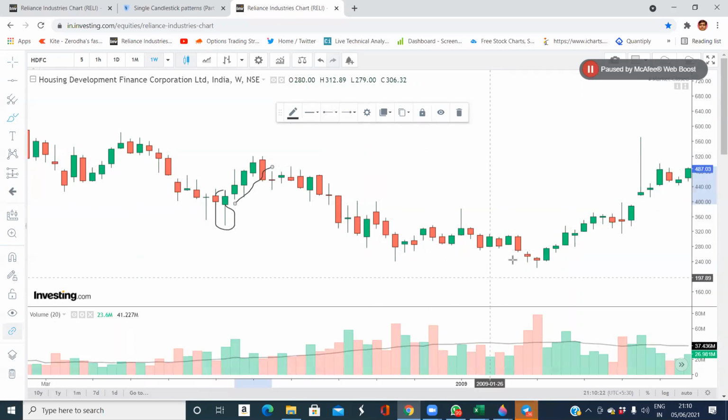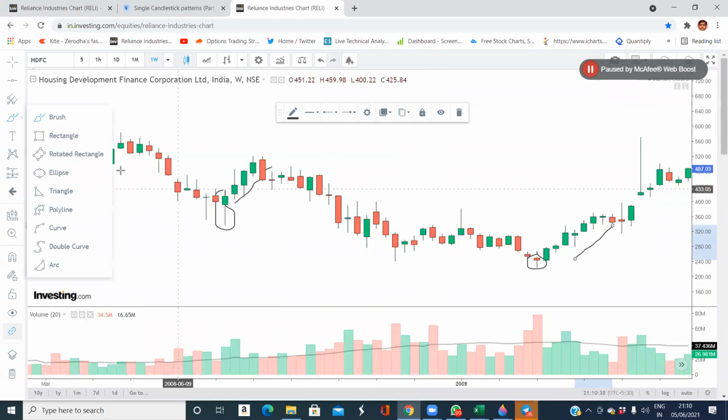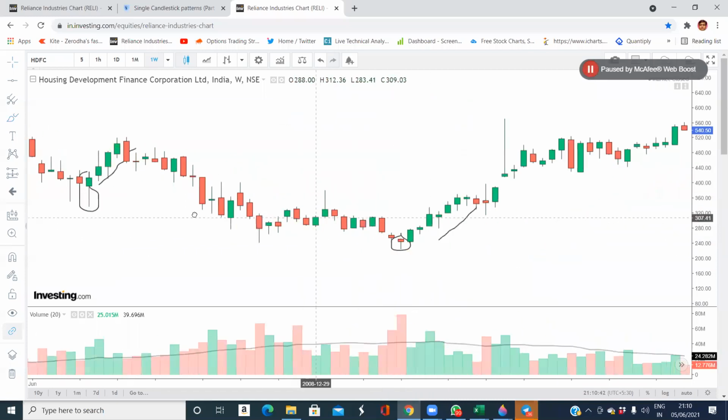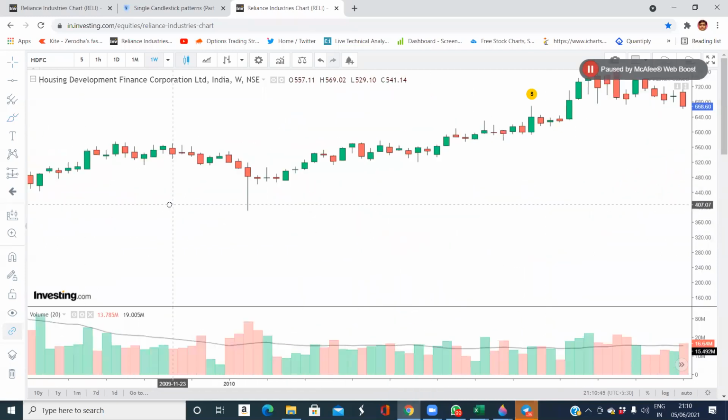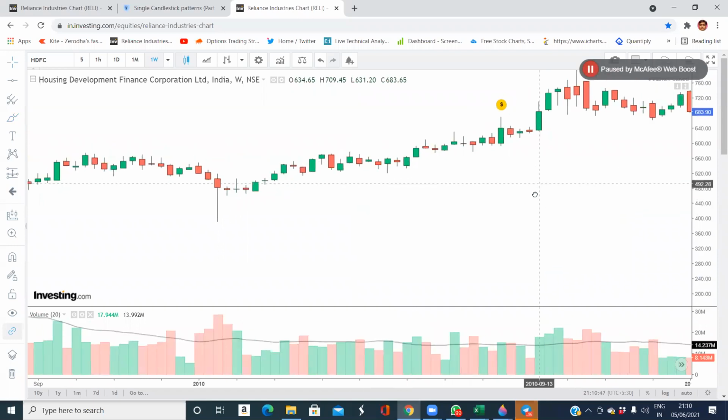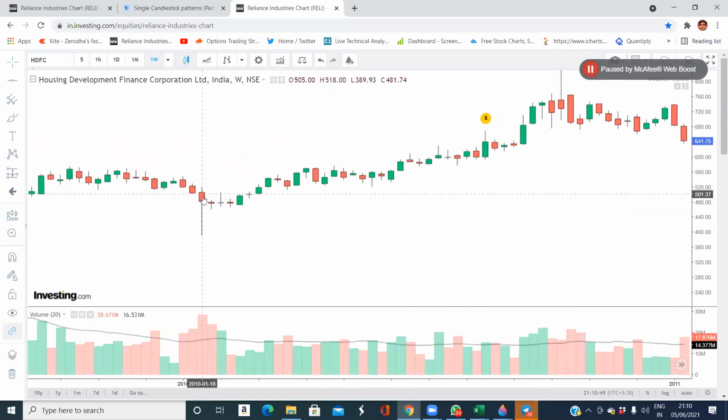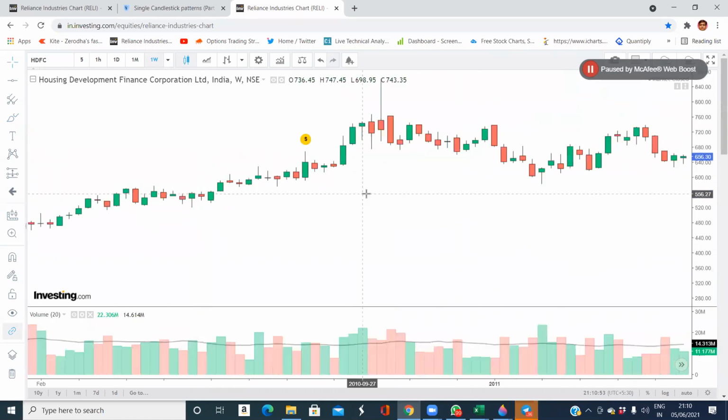Also, this is a red hammer, but price went up. Here the price is a little bit high, so I will not call this a hammer.